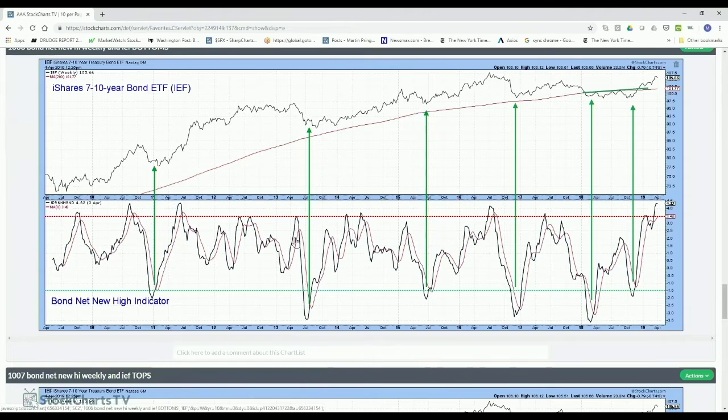So the idea here is that when it moves to an oversold condition, which I put at minus 1.5, and starts to rally, that's when it gives us a buy signal. And as you can see, because we're basically in a secular uptrend for bond prices, all these signals were pro-trend signals, so they tended to be on balance accurate, until we come to October back here last year.